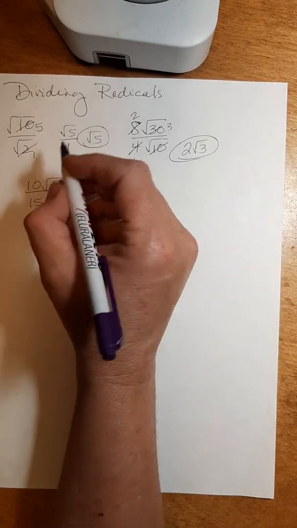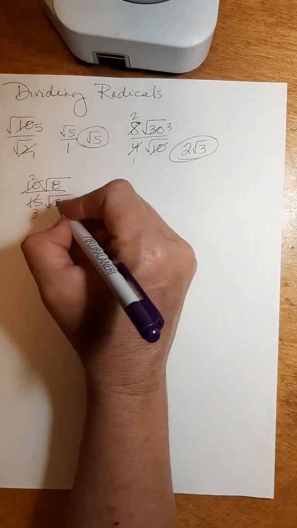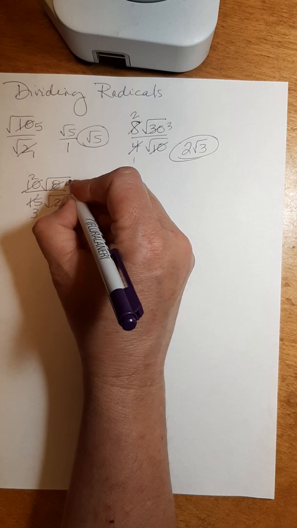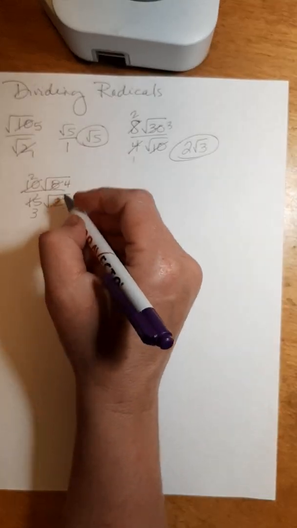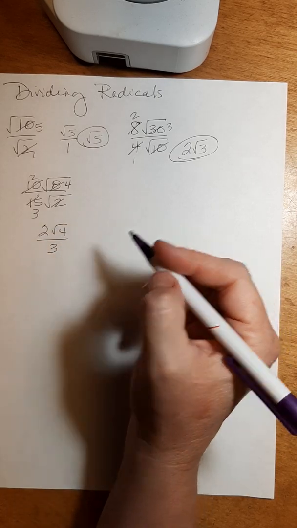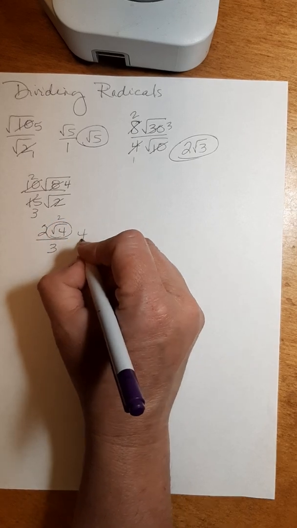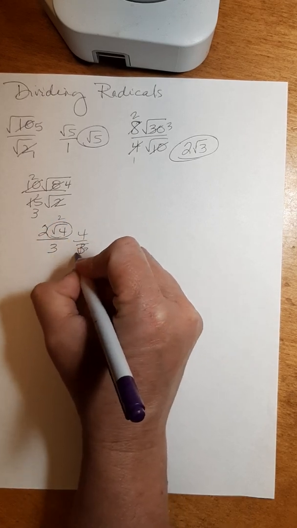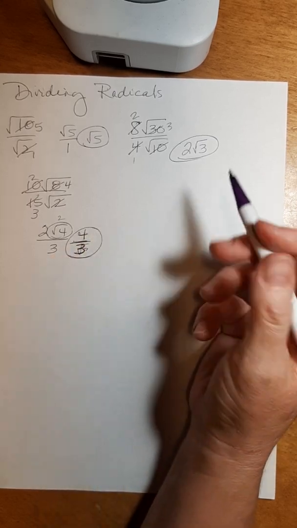The numbers on the outside reduce like normal by 5, 2 over 3. 2 goes into 8, 4. So we've got 2 square root of 4 over 3. And square root of 4 is 2. 4 square root of 3. I'm sorry, 4 over 3. Just thinking ahead of where we're going to go.